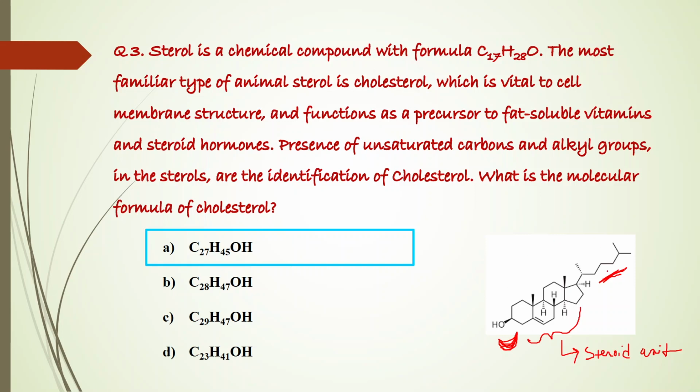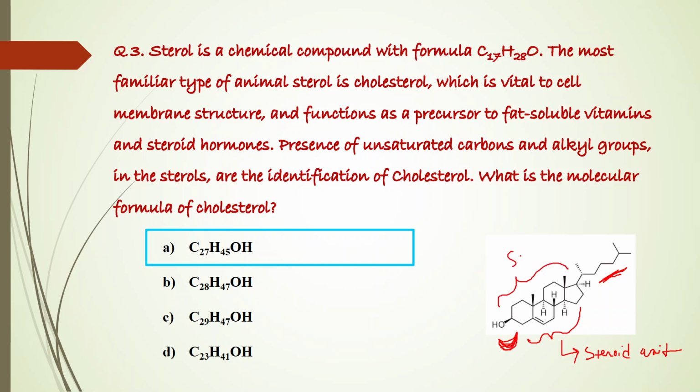So you know the structure of cholesterol. In case of cholesterol, the R group is this. If you know this structure, you just have to transform it to the molecular formula, and you will end up with C27H45OH. So this part is your sterol.